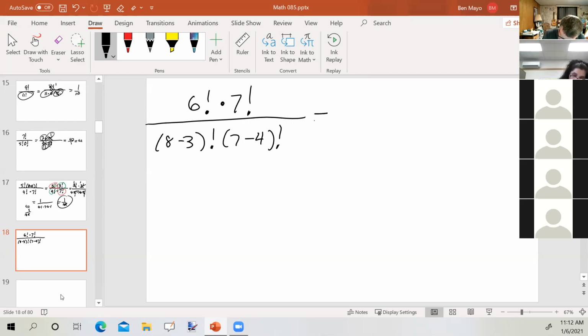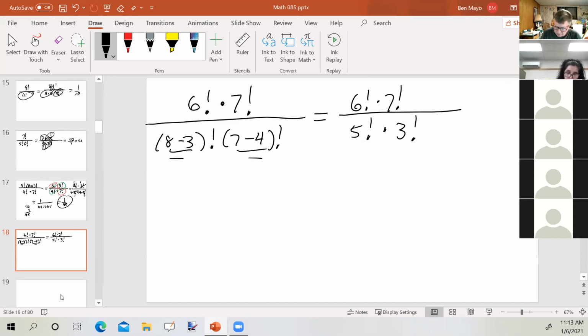So what I'm going to do now is order of operations. I'm going to do the stuff in parentheses. 8 minus 3 is 5, so this becomes 5 factorial. 7 minus 4 is 3, and then 3 factorial. Okay.